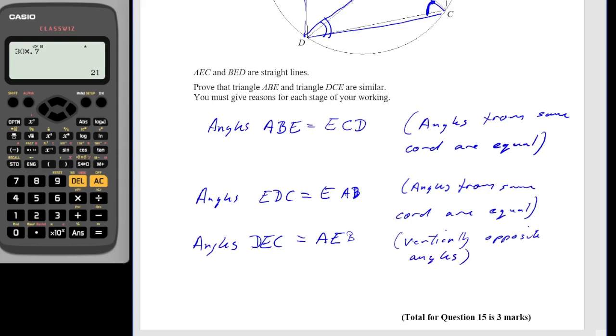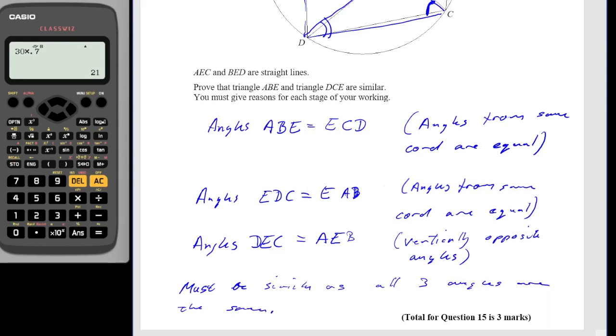So must be congruent. Sorry, must be similar, as all three angles are the same.